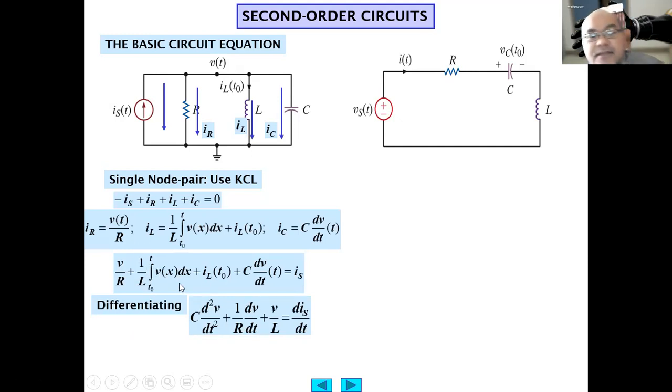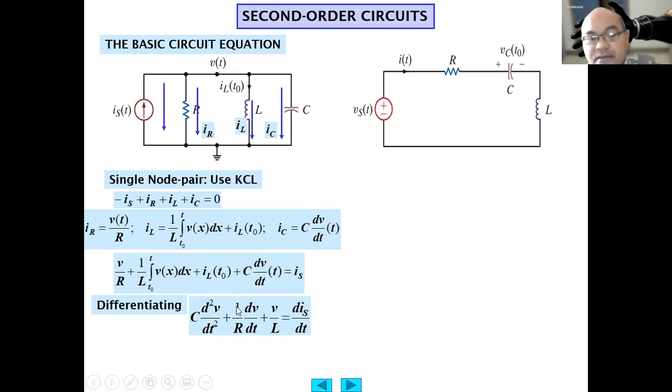The 1 over L integral of V(x) dx becomes V over L, since the integral differentiated becomes just V, while C dV/dt becomes C d squared V/dt squared. Then Is becomes dIs/dt.